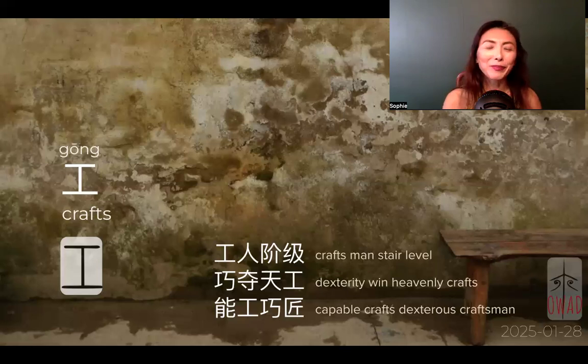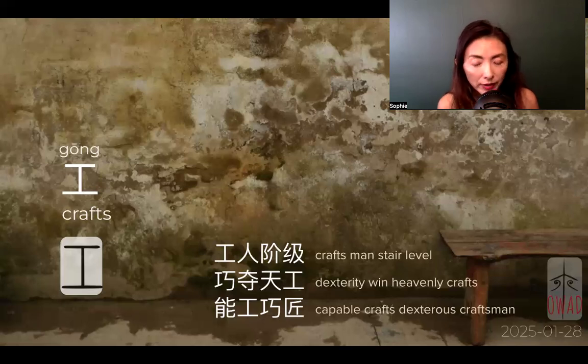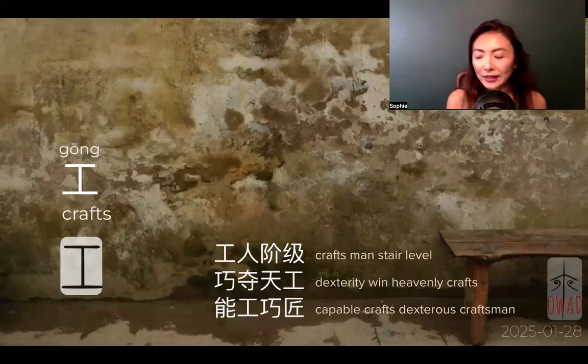Okay. So 工人, craftsman, even if it looks like a craftsman, actually means labor in the post-industrialized age. So picture Chaplin in the movie Modern Times. That's 工人. And 阶级, we use stair and level to mean stratification, social stratification.